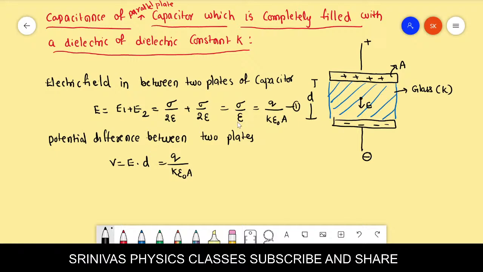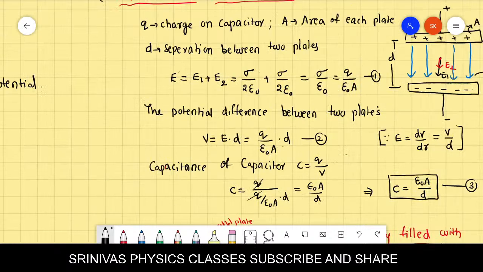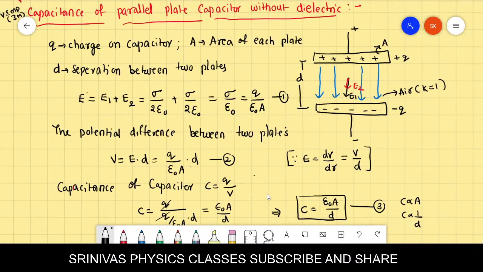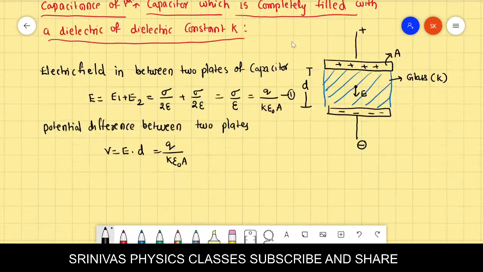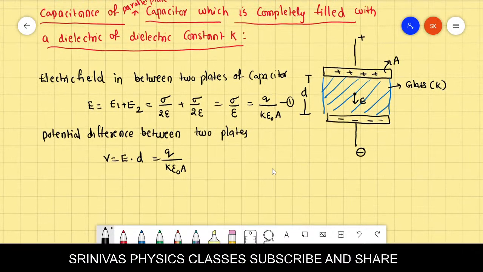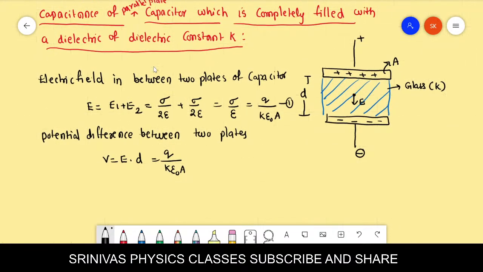Without dielectric we write only epsilon naught, but if a non-conducting substance or medium is there, then we write epsilon. So V equals E into D, using E from equation 1.